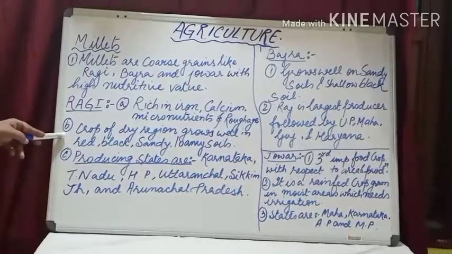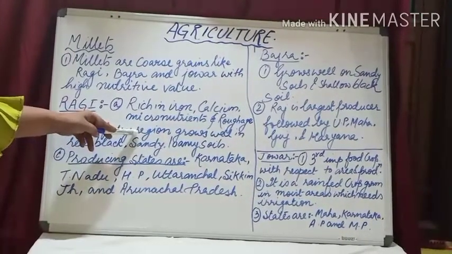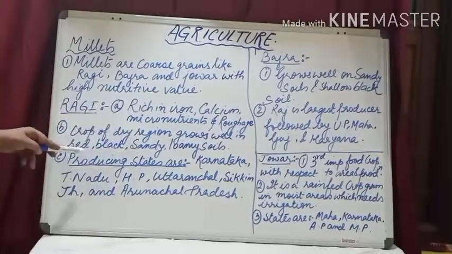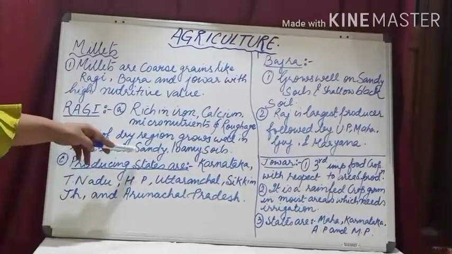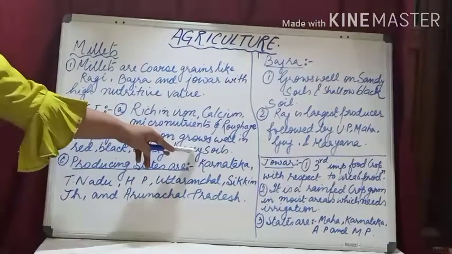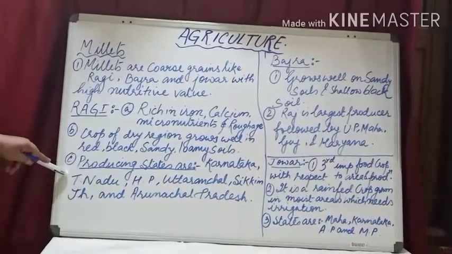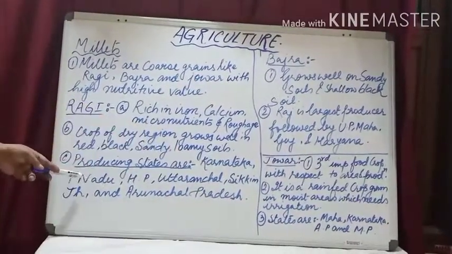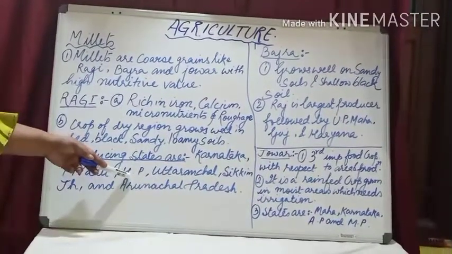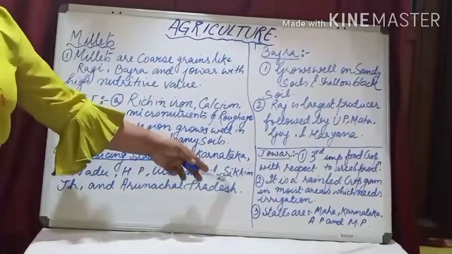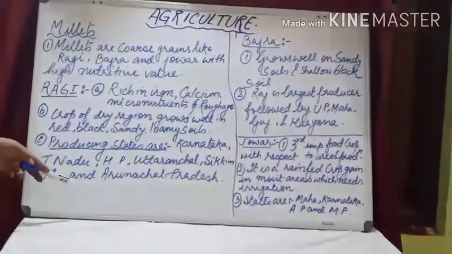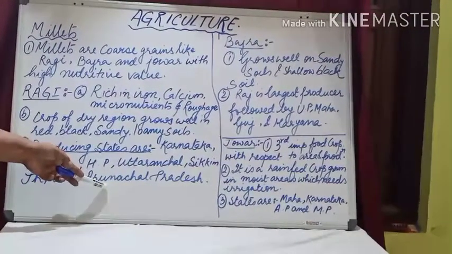It is a crop which grows in a dry region, and it grows well in red, black, sandy and loamy soils. The producing areas of ragi are Karnataka, Tamil Nadu, Himachal Pradesh, Uttaranchal, Sikkim, Jharkhand and Arunachal Pradesh.